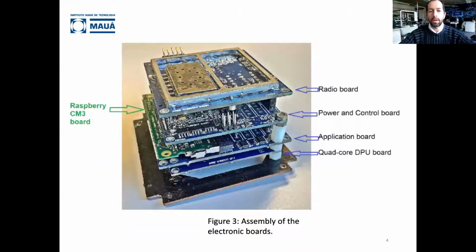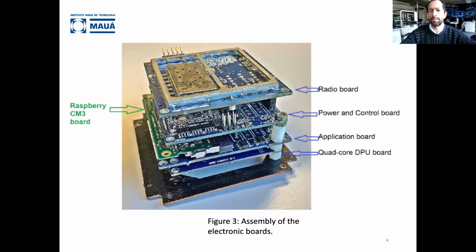This is our boards we have. First of all, we have the radio board that receives data in 144 megahertz. A power control board that we can use to control the power supply. Okay.